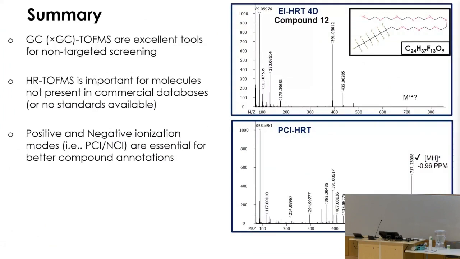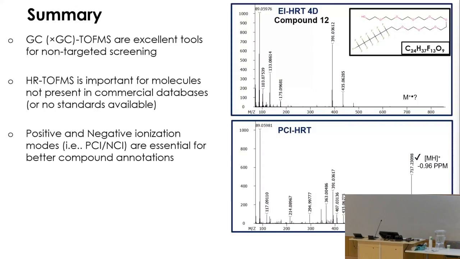So I recommend GCxGC-HRTOFMS as a general screening tool. It's a lot more than that, right? Because it gives you so much information. But as you see, you can easily screen, for example, for PFAS, but also other classes of trace components, such as polychlorinated biphenyls, other POPs or persistent organic pollutants. It's easy to do.